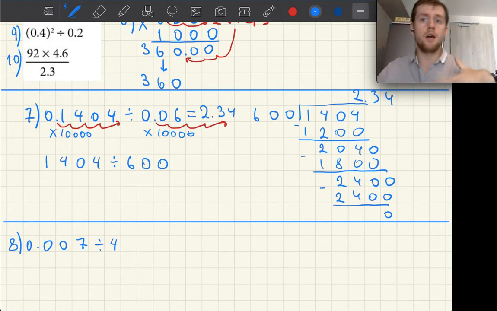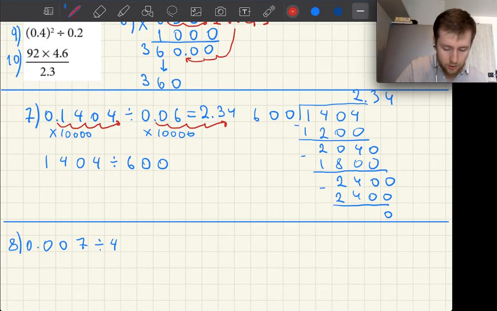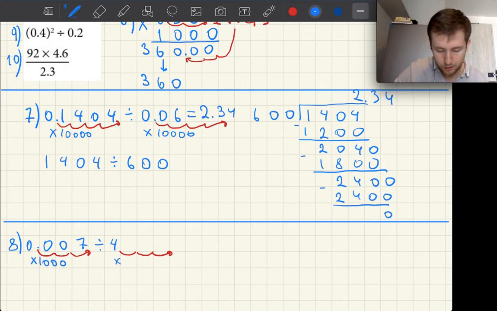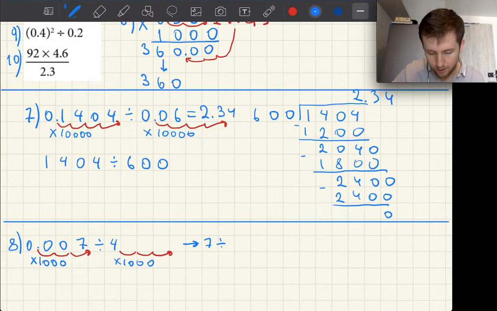We just multiply both numbers until the point is out of it. So in this case, it will be 1, 2, 3. We have to multiply these numbers by 1 with 3 zeros. So that's 1000. So we multiply them both by 1000. And we're going to get 7 divided by 4000.